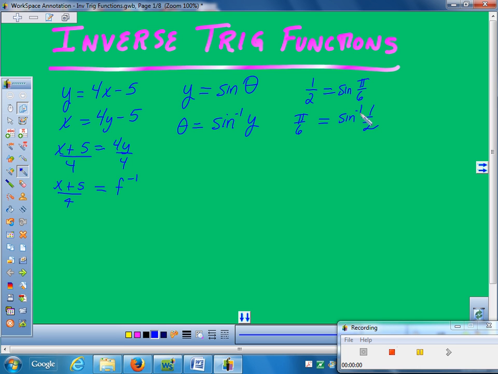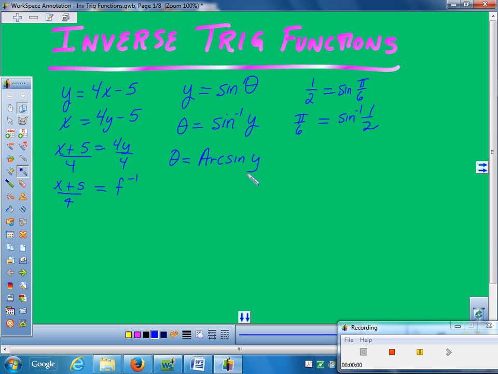Now, Luke was just asking me, looking at this worksheet, why is there arc in front of some of these words? That's because there are two notations for inverse. Some mathematicians don't like the little -1 because it looks like a -1 power, and how do you know whether it means a -1 power or it means inverse? So there's a second notation. We also write them as arc sine.